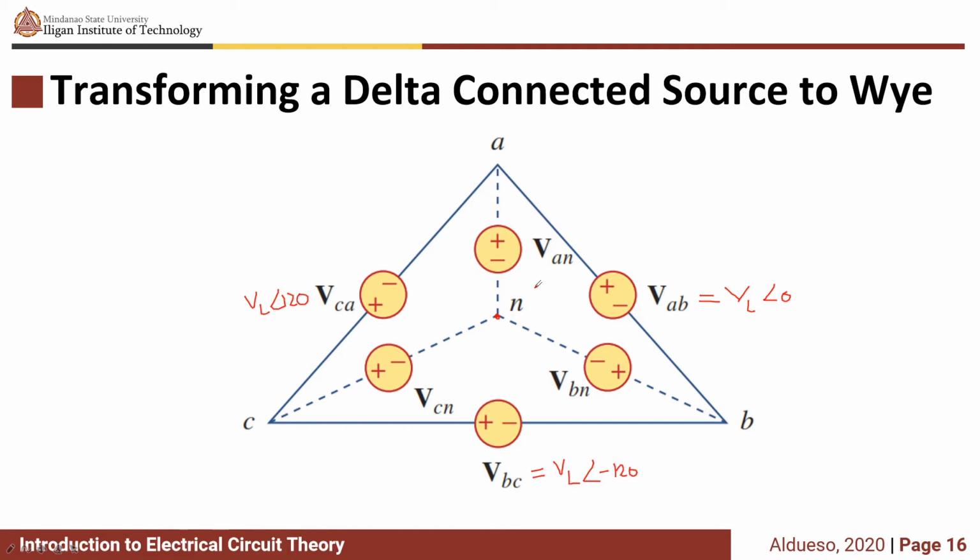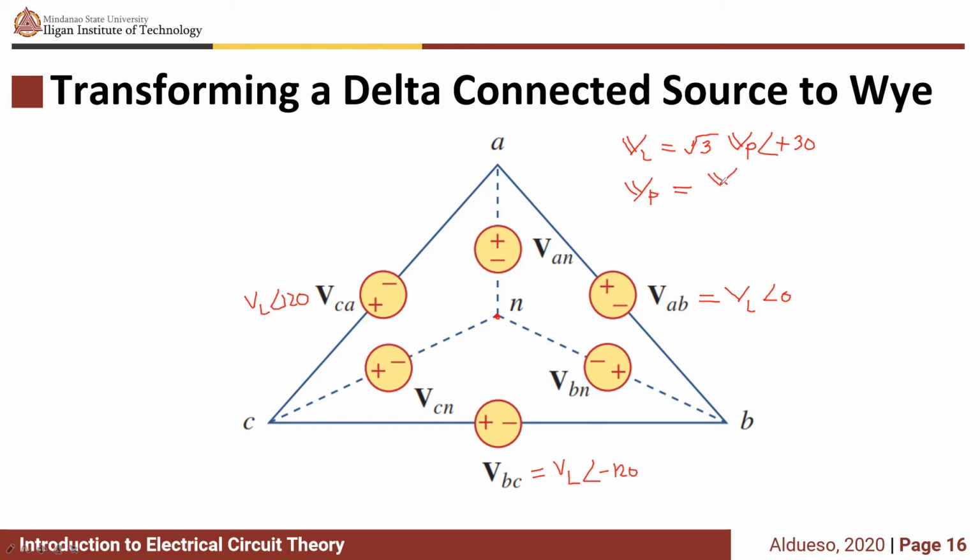If you convert this delta connected source into Y, we use the relationship between a line voltage and a phase voltage. A line voltage is equivalent to square root of 3 times V phase, and then you add the angle by 30. In a delta connected source, the line voltage VAB is given, and we convert that into phase voltage.